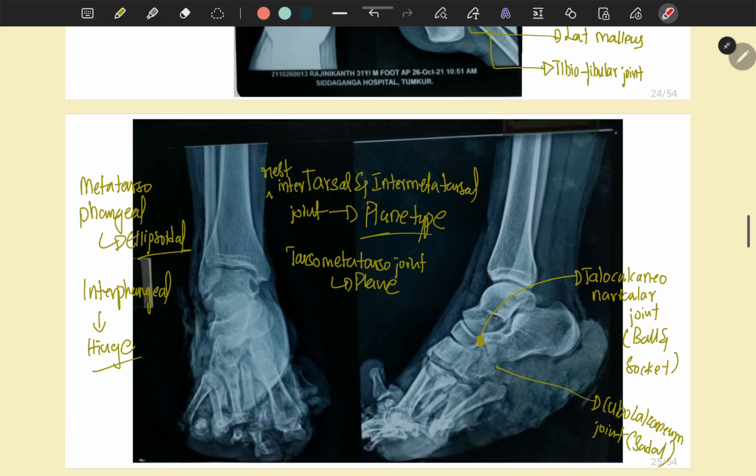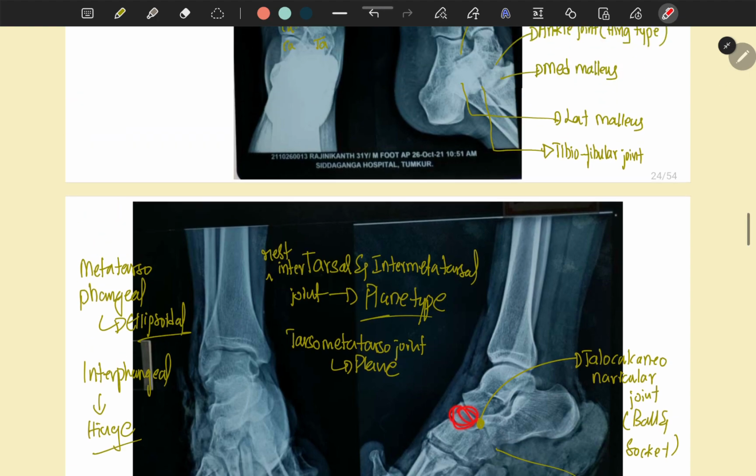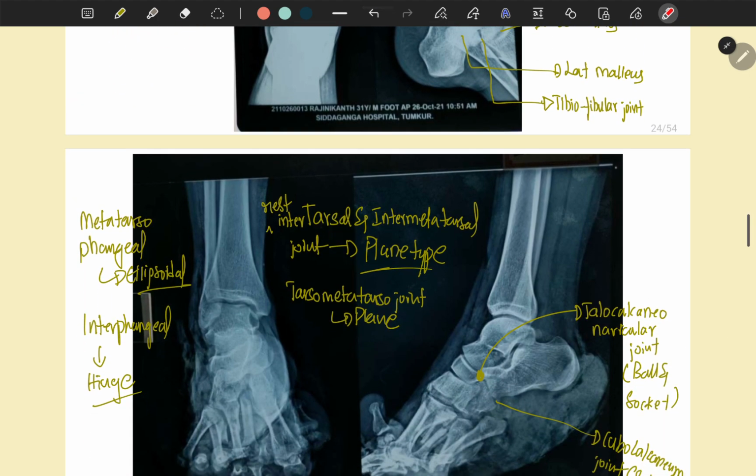And coming to the lateral view, here you can see the same calcaneum, talus. This is the navicular, boat shape, navicular, cuneiform. In front of the calcaneum you can see the cuboid.